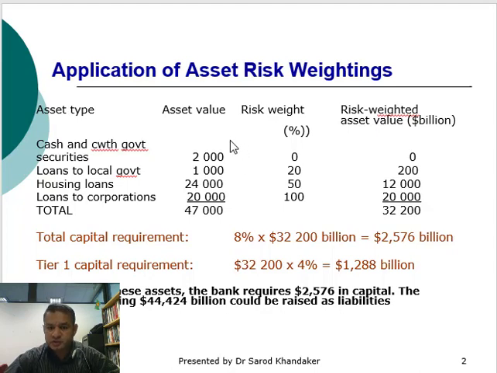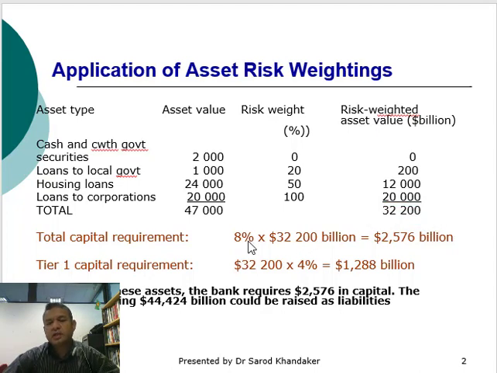This is the asset value. If you look, the total asset value is $47,000. If you add all the risk weighted asset values, which are $0, $200, $12,000 and $20,000, it comes to $32,200. So this is the risk weighted asset value.